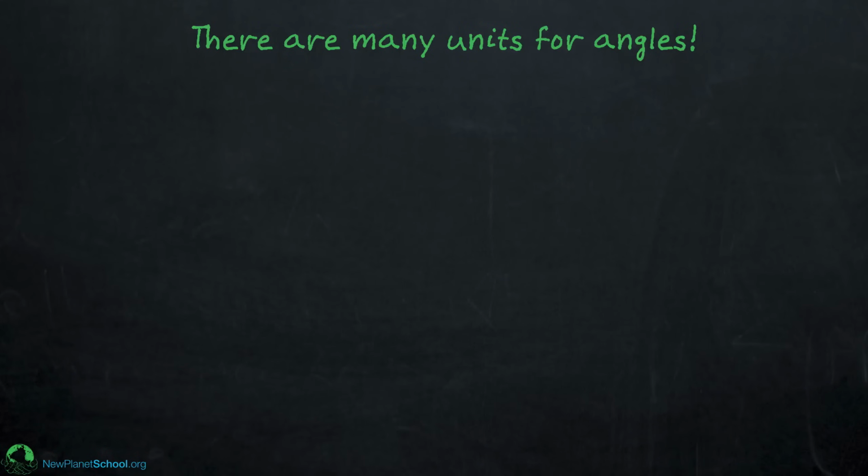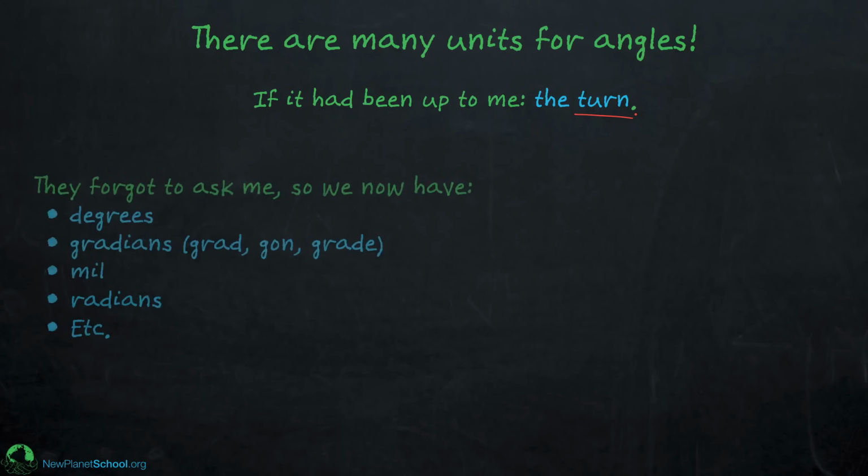Now, if they'd come and asked me, how would you measure angle? I would have used a unit called the turn, which you may not even have heard of, but I kind of like it. But there are other definitions that people have come up with because, in fact, they didn't ask me what we should measure angle in. So people over the years and decades and centuries made up a bunch of other units like degrees.